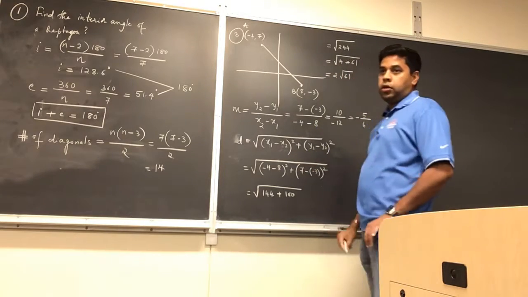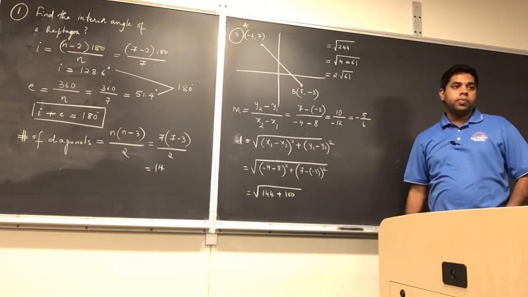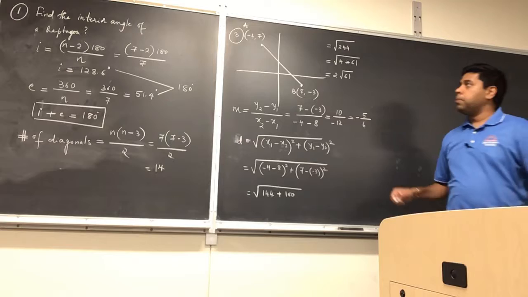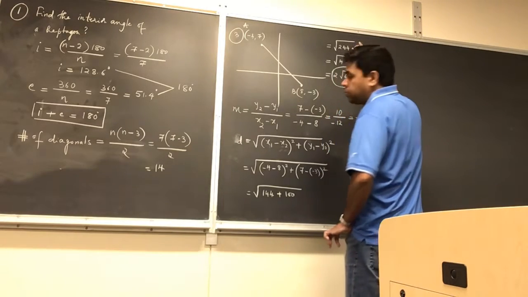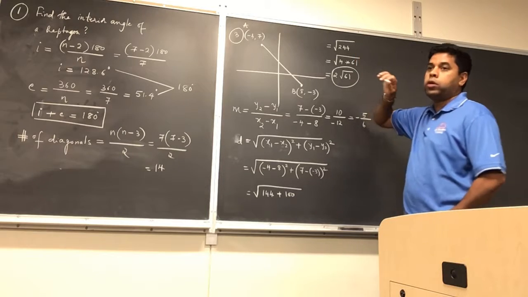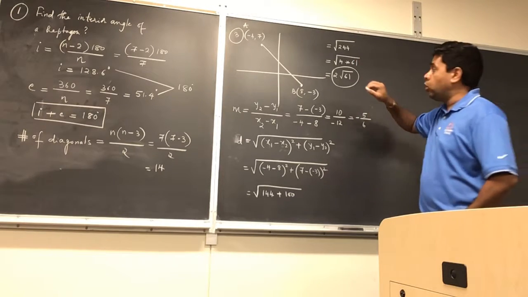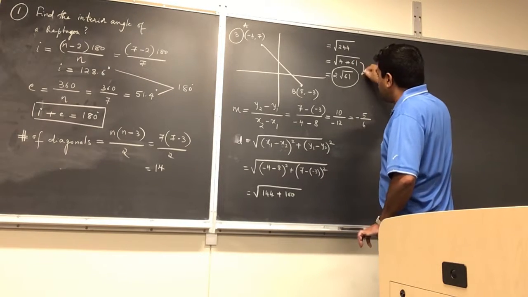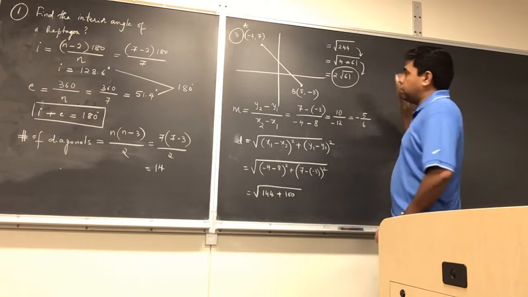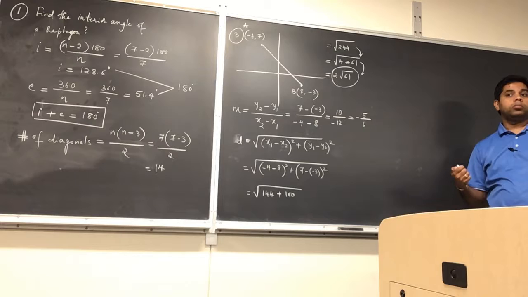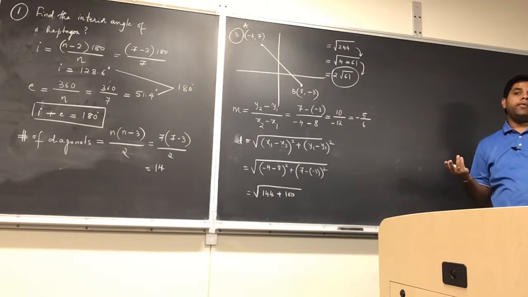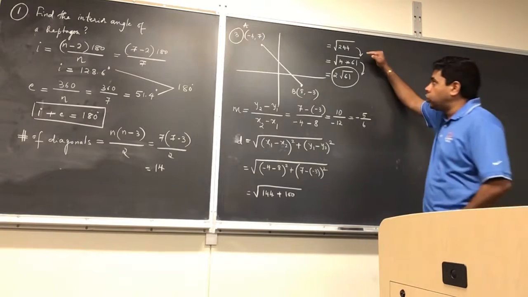And they may also have this answer in radical simplification. And the ACT is going more towards this than the decimal or the radical 244. You with me on this? You have to have the practice of simplifying.